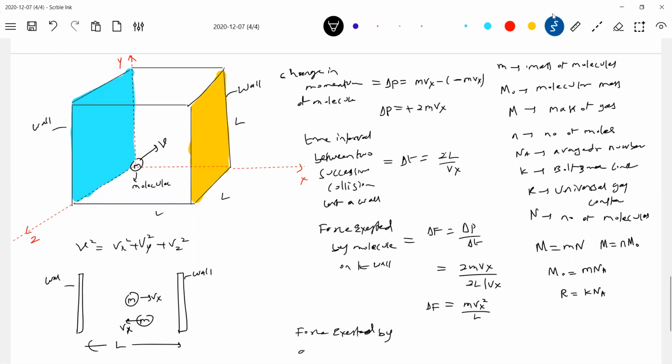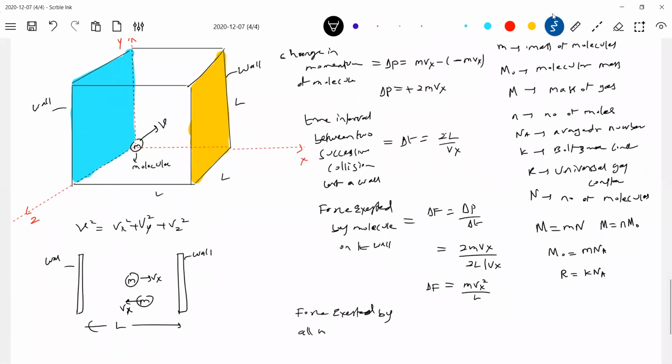Force exerted by all molecules that are moving towards wall 1. So there should be Fx, the summation of delta F. So this should be equal to how much here, no?